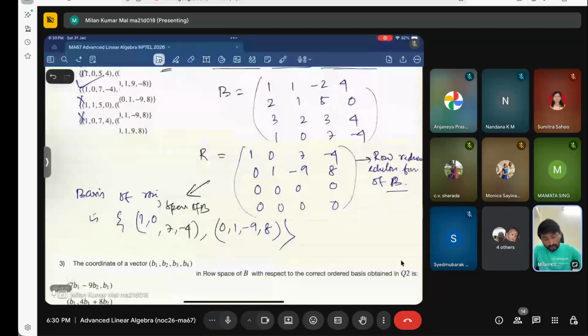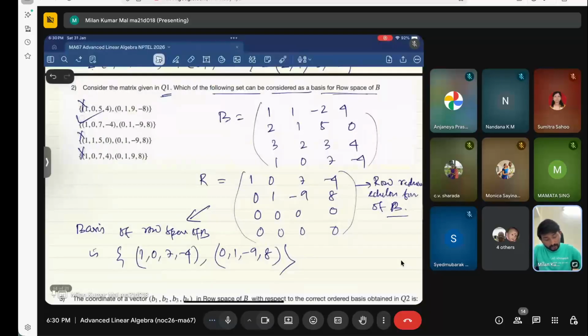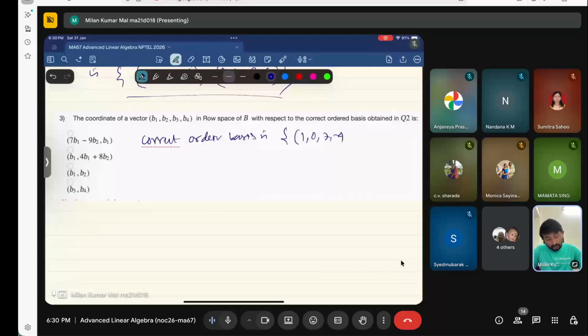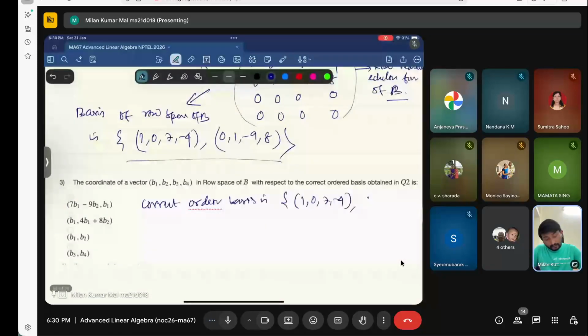The correct ordered basis is 1, 0, 7, minus 4, another is 0, 1, minus 9, 8. So now what does the question say: the coordinate vector in row space of B with respect to the correct ordered basis obtained in question 2. So here is another new term. What is the coordinate vector? So let me write what the coordinate vector is.